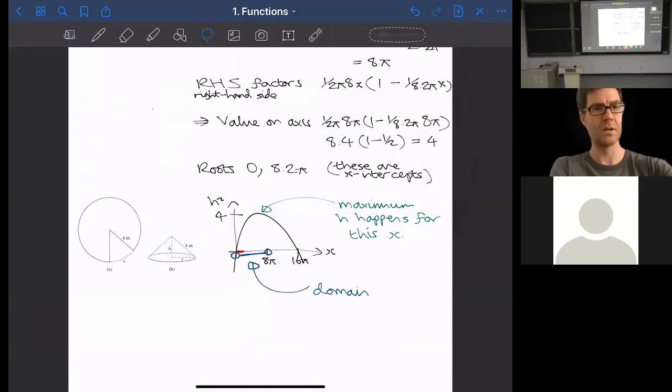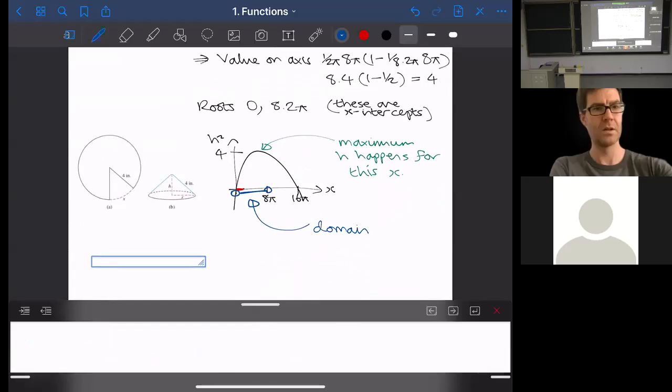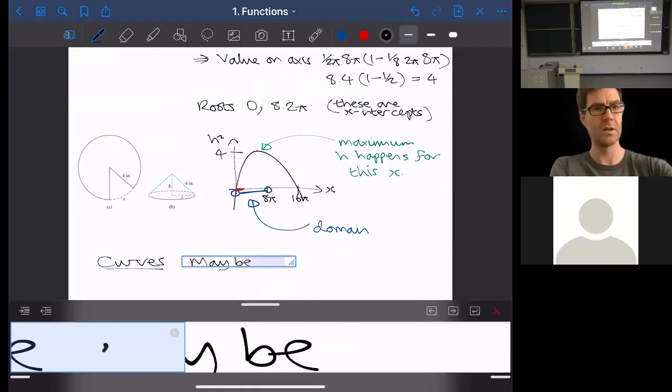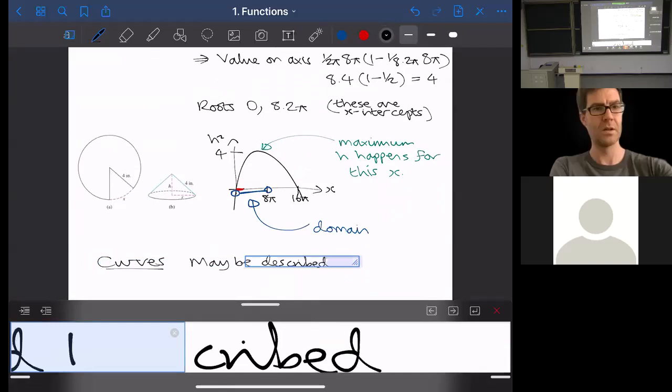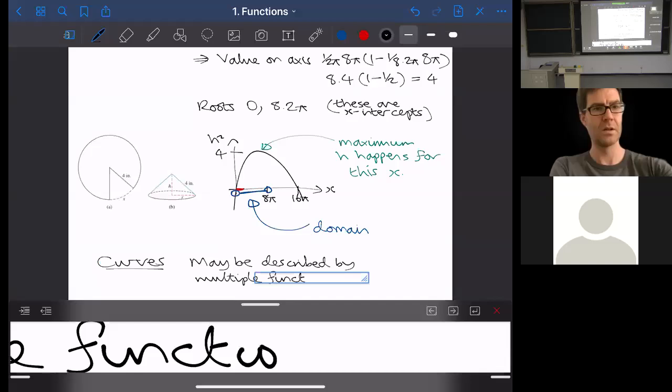Okay. So I'll just start another topic, curves, maybe described by multiple functions together.